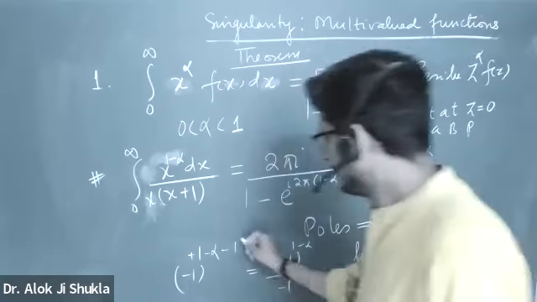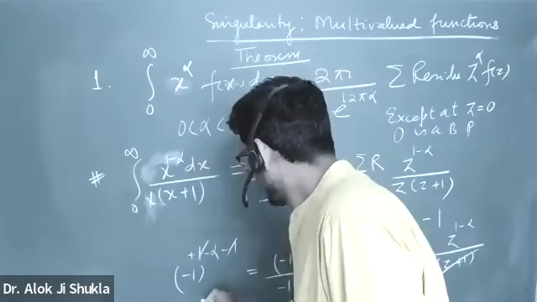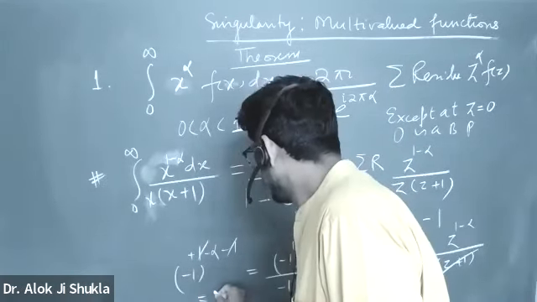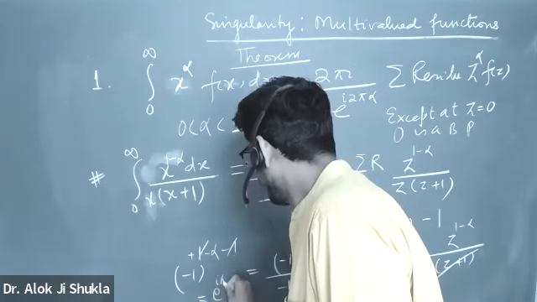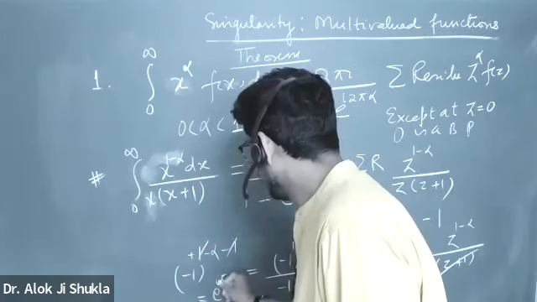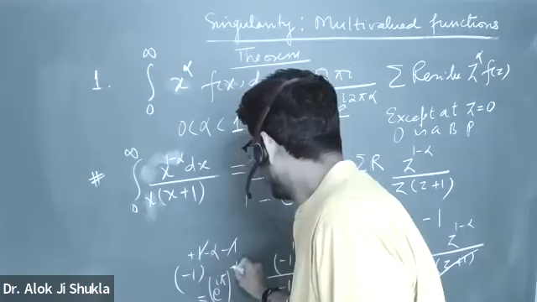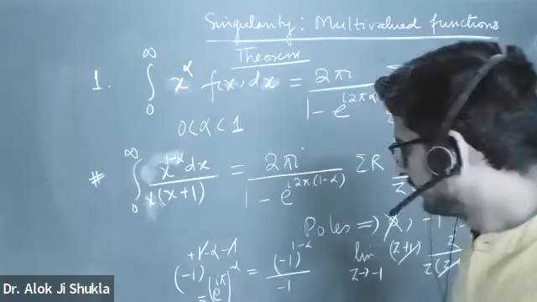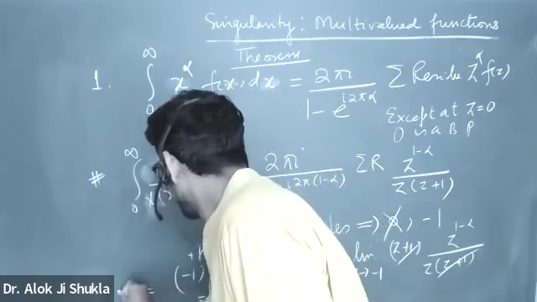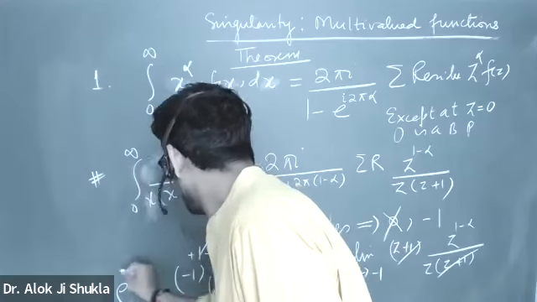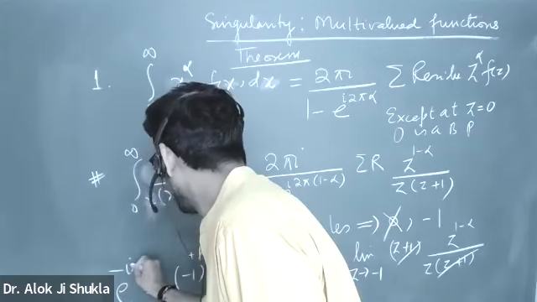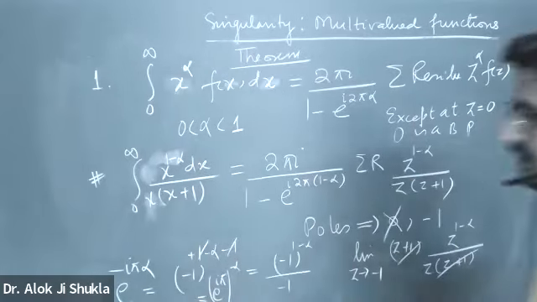One and one cancel. So e to the power i pi to the power minus alpha, which is e to the power minus i pi alpha. Please check all the steps.